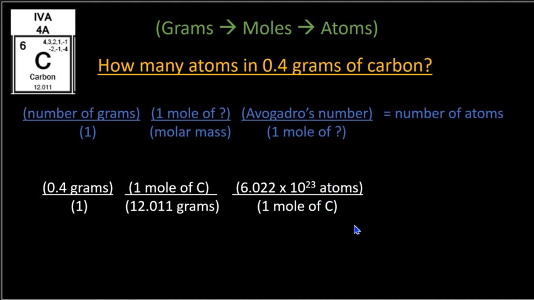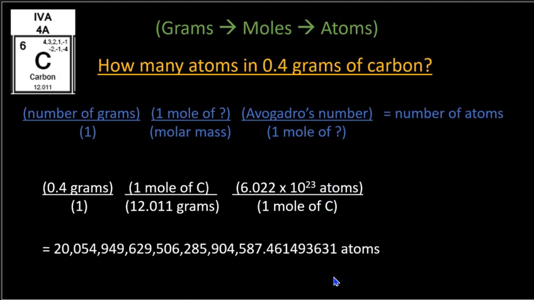And if you plug the numbers in, you are going to get this crazy number that I am not even going to read to you, because I do not want to see any answers that look like this. Okay? If you see answers like this, you need to remember something, and that is significant digits. Okay?